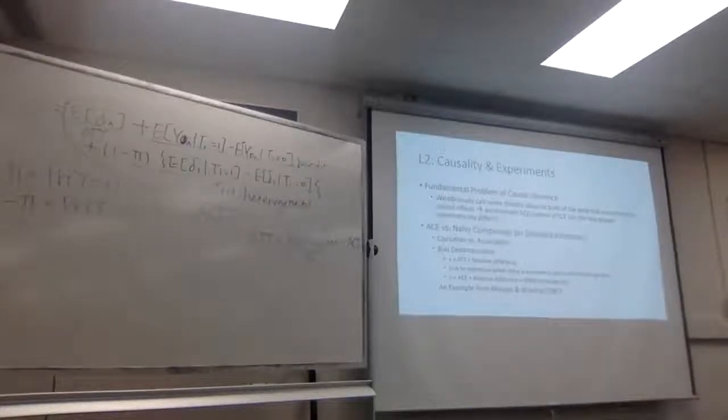All right. Any questions so far? Where it says ATT plus probability T equals 0 times F, sorry, effect heterogeneity.